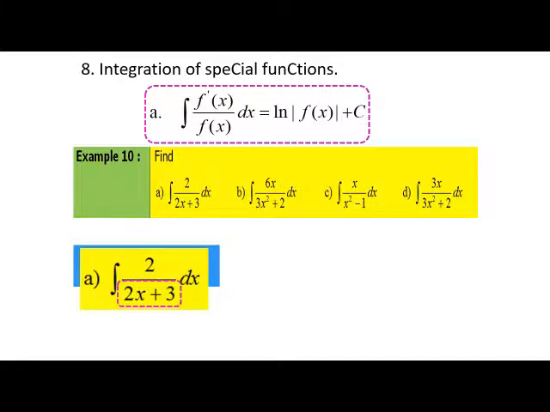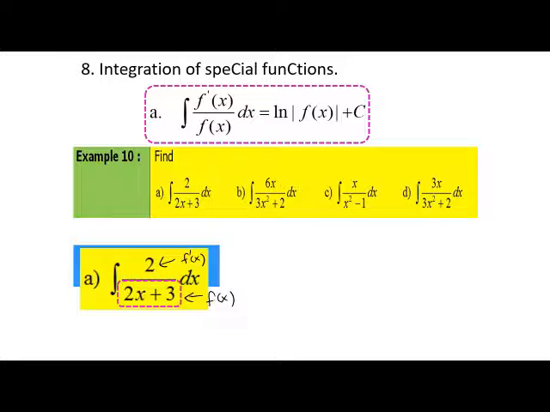Okay. So we try to assume at the denominator side here, 2x plus 3 is f x. When we differentiate f x here, 2x plus 3, we have 2. So 2 here is f prime x.